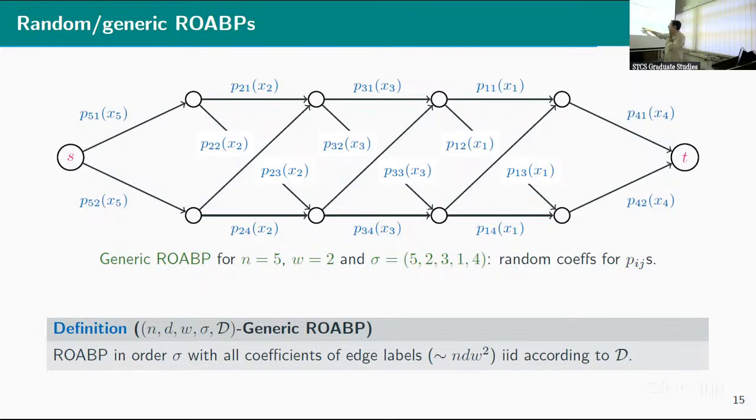There are w squared edges in each layer, each giving d+1 coefficients, and there are n-1 layers of edges. So this is roughly the number of things that you're sampling, from some nice distribution which lets you apply Schwartz-Zippel. Okay, so this is the definition of generic ROABP.